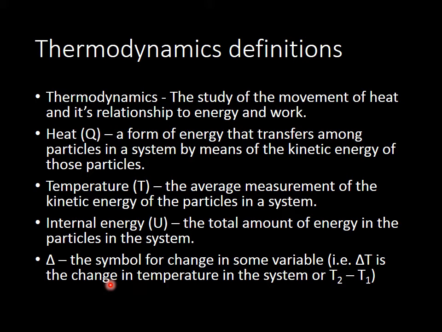Our first definition today is heat. Its variable is Q, and basically heat is a form of energy that transfers among particles in a system by means of the kinetic energy of those particles.